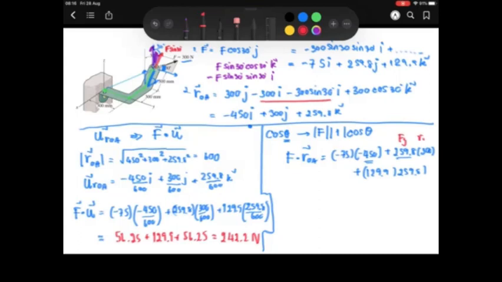So this term you will get 145,383.02, and then you know that F dot ROA will be equal to the size of F and the size of R times cos theta.